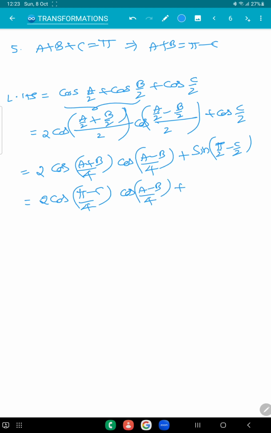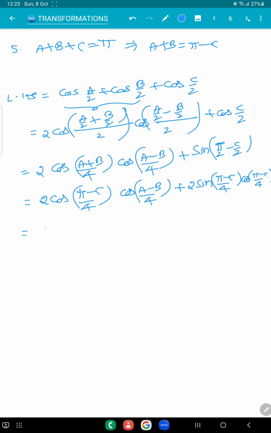Observe that π/2 − c/2 is (π−c)/2 completely. Sin θ formula: 2 sin(θ/2) cos(θ/2), so sin((π−c)/2) is 2 sin((π−c)/4) cos((π−c)/4).